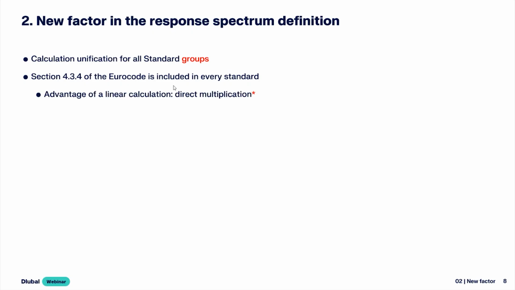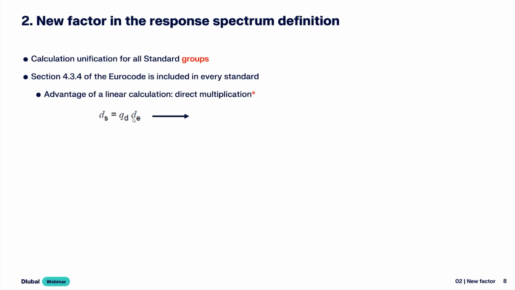And the advantage of a linear calculation, as in response spectrum, is that it's possible to make a direct multiplication of the displacement, as we saw in the first graph in today's presentation. Or as in section 4.3.4, we have to multiply to have the real displacement, the seismic displacement.